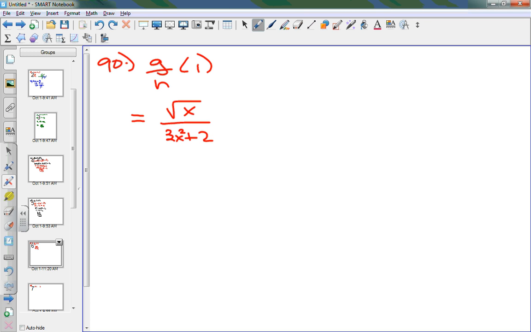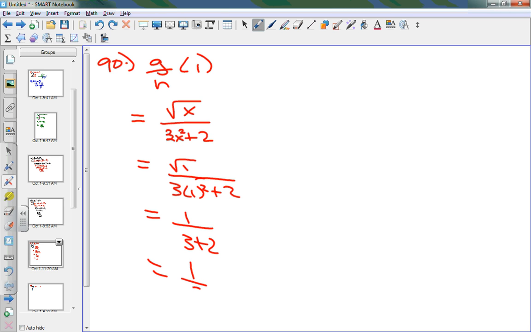Plus 2. Now what do I do? That's going to give you 1 over 3 plus 2, to give you 1/5. Was this as hard as what you thought it was? It was very simple, wasn't it? Okay. All right, now 92.